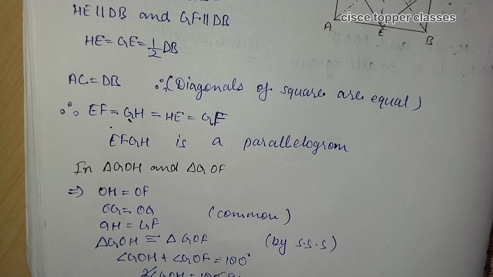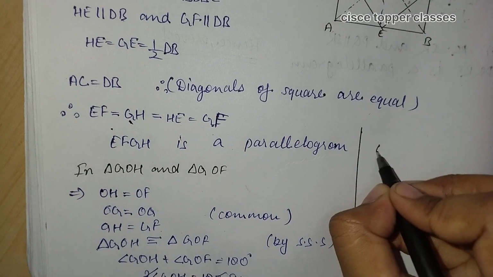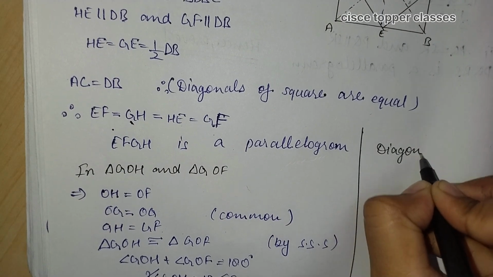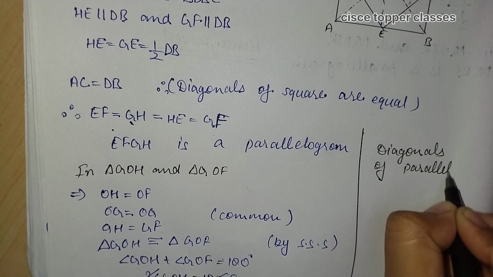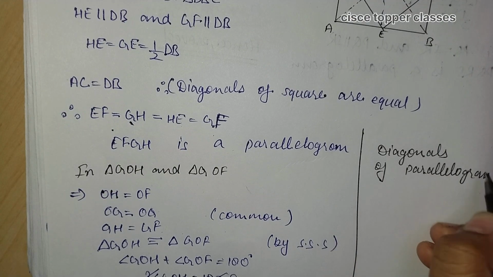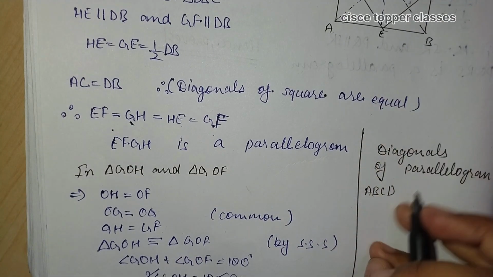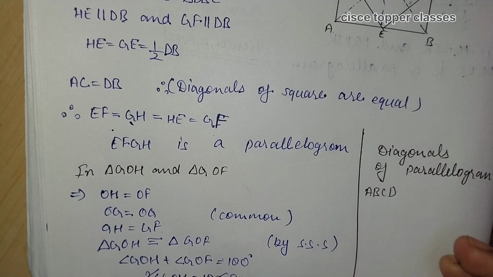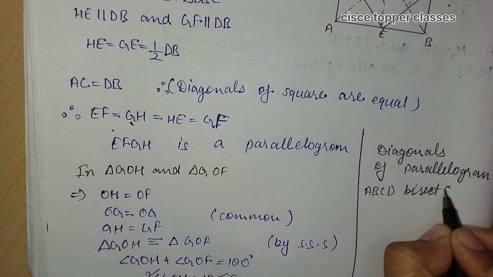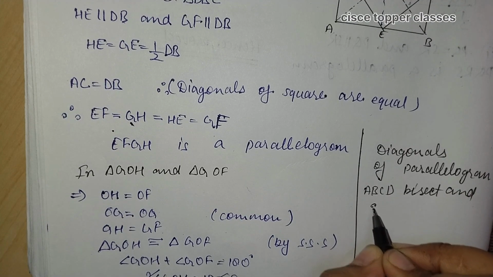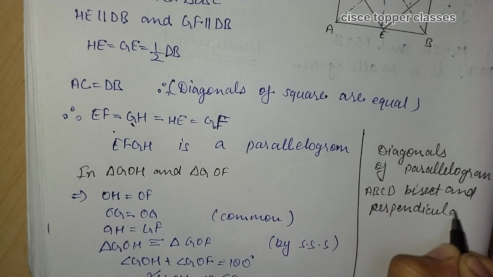So the diagonals of this parallelogram bisect each other and are perpendicular to each other, as we have proved here.